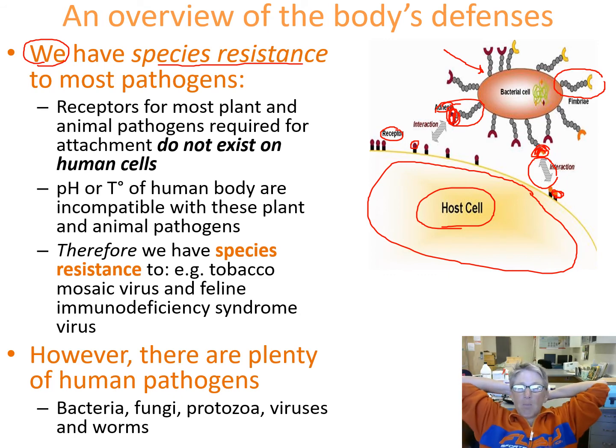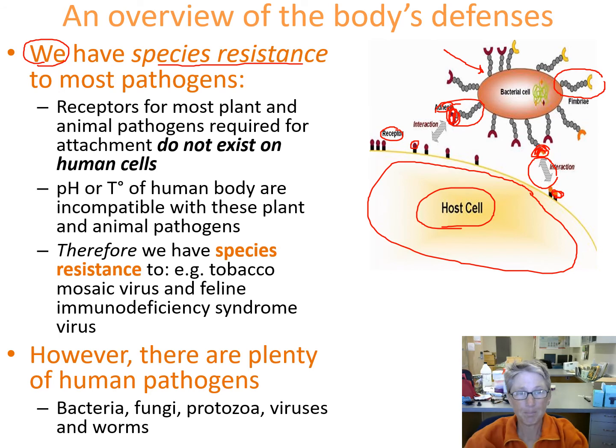And most of our cells don't have the receptors that will allow the bacteria to stick to them. So it says here, receptors for most plant and animal pathogens, so like this bacterial cell would be a pathogen, require an attachment. So the attachment we're talking about is that interaction between the adhesion on the bacteria and the receptor on the host cell.